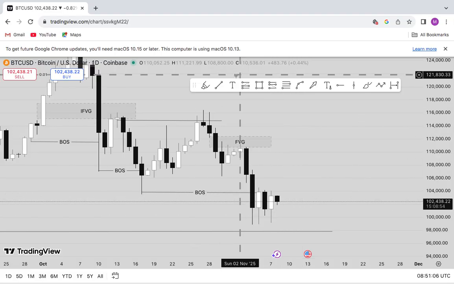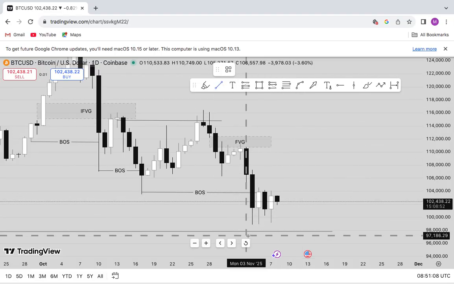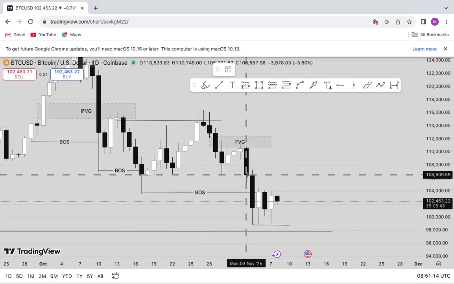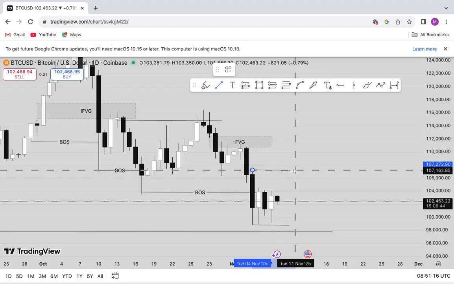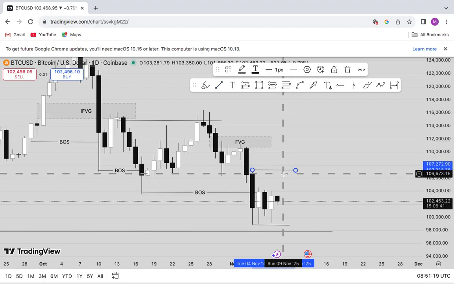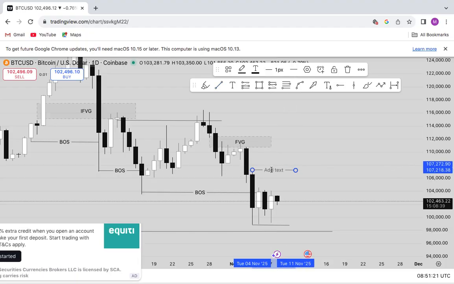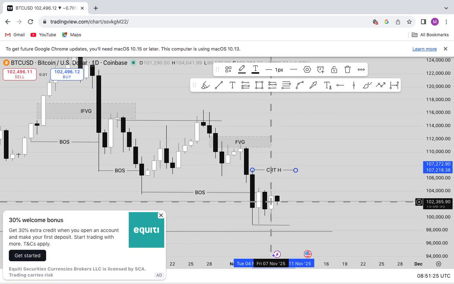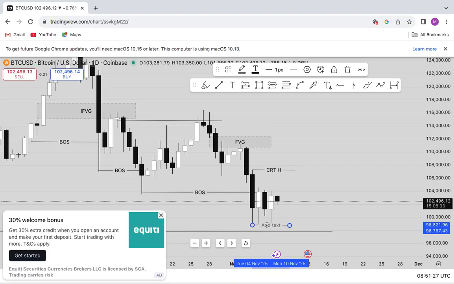But you want to mark this low as your CRT low, and you want to mark this high as your CRT high. So you're looking at these as your CRT levels in the market, CRT high, and this as your CRT low.